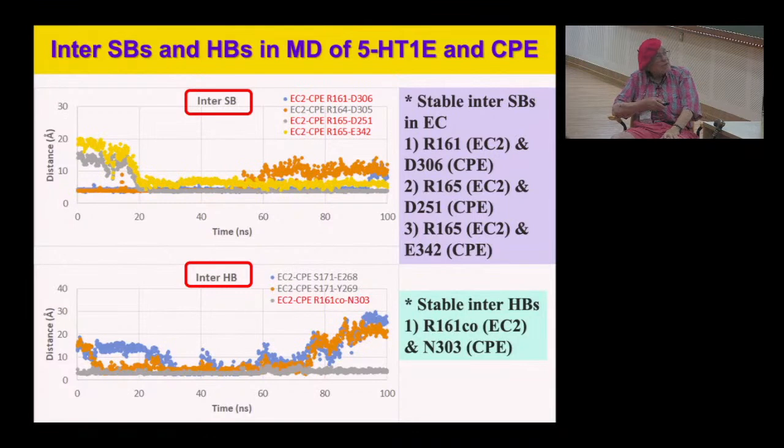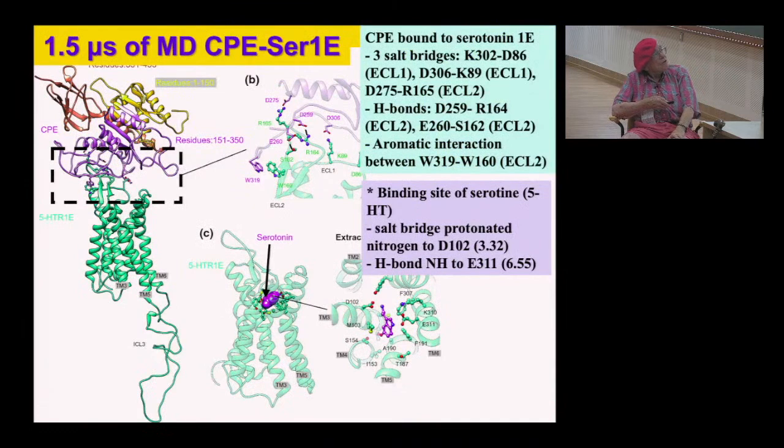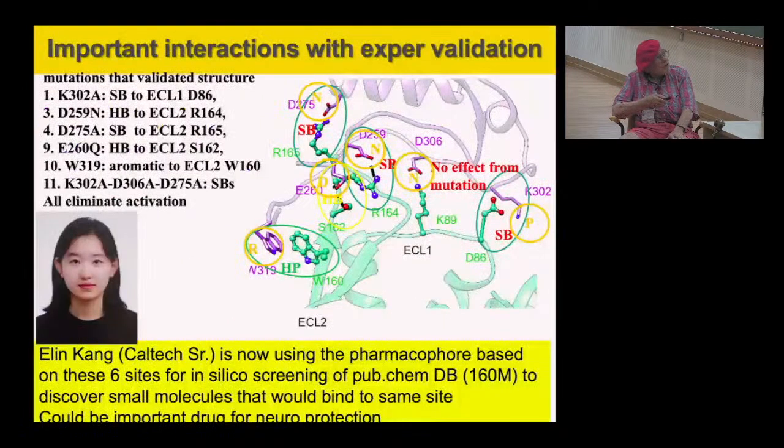We did these 150 residues, and these are the salt bridges we find. So what we want to do now is find small ligands that can match those. And we did 1.5 microseconds of dynamics on the CPE protein bound to the serotonin 1E. And this is just showing, again, the best interactions we got from that.